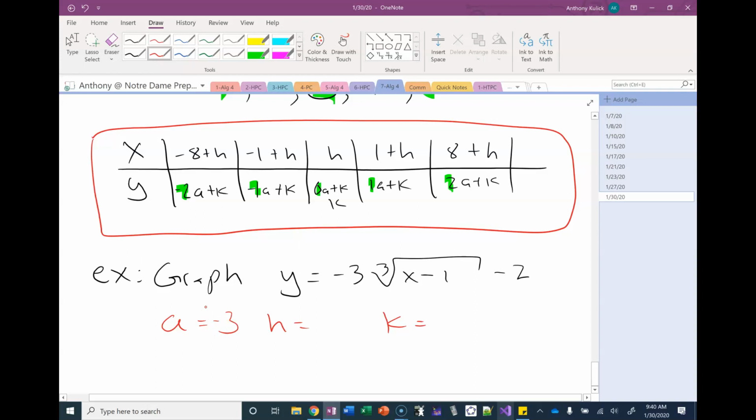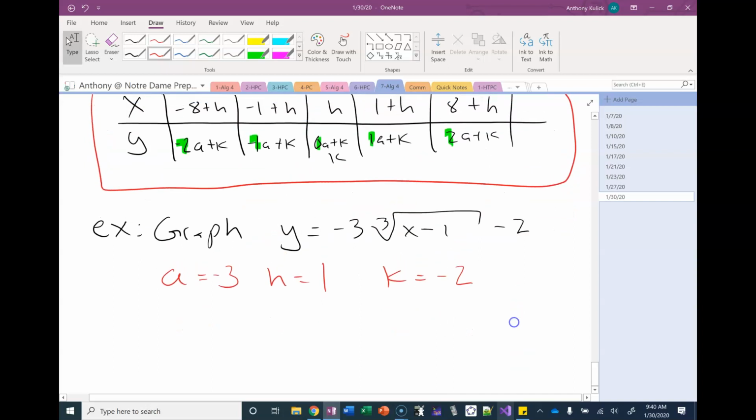My value for h is +1, and my value for k is -2.